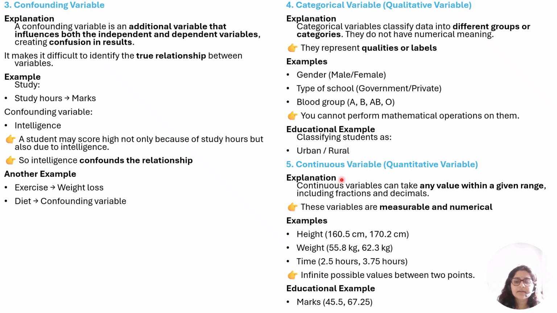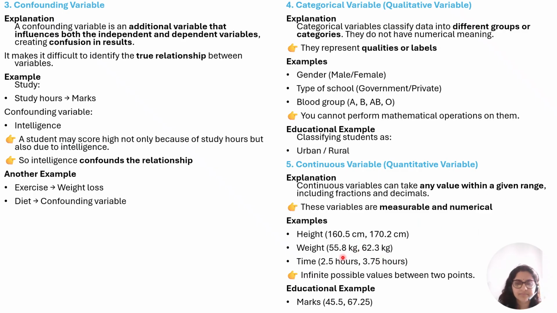Then continuous variables. These continuous variables can take any value within a given range, including fractions and decimals. They are measurable and numerical. Categorical variables cannot be measured; they do not have any numerical meaning. But a continuous variable takes a value, which means it is measurable and has a specific number.